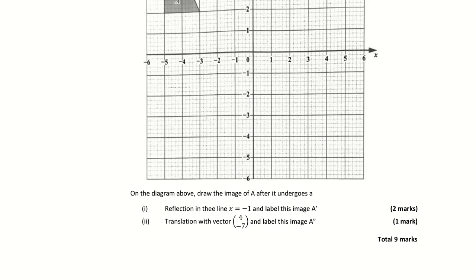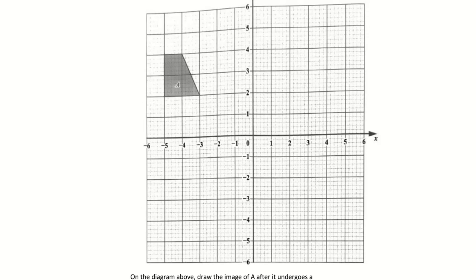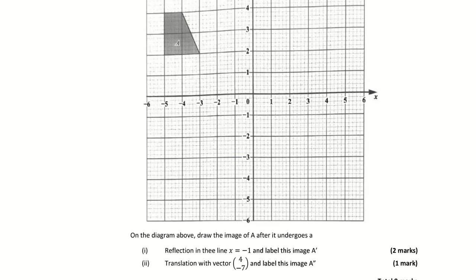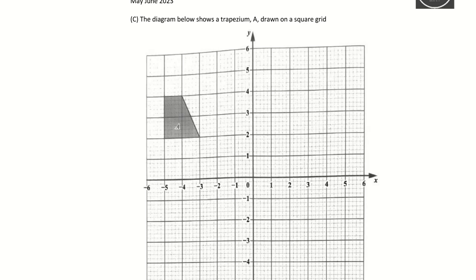So image A is undergoing these transformations, 1 a reflection and 2 a translation. So first off, it undergoes a reflection in x equals -1. That is this line here.